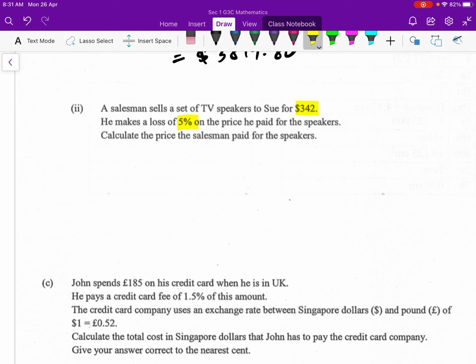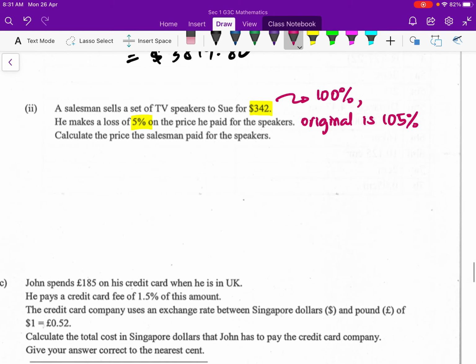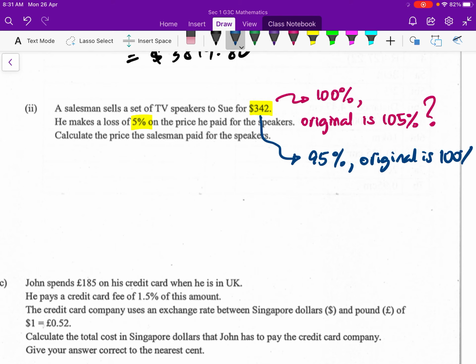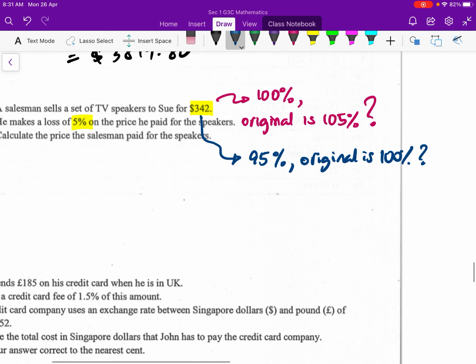So question, is this 100%, then original is 105%? Okay, is it this case or is it this case? 95%, original is 100%. Okay, which is the case?